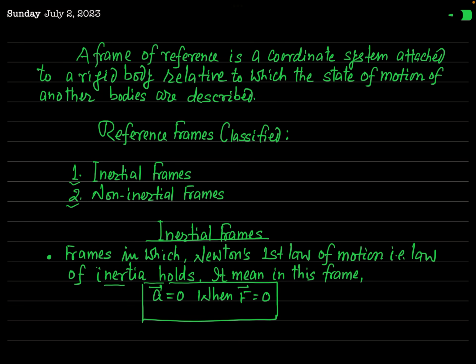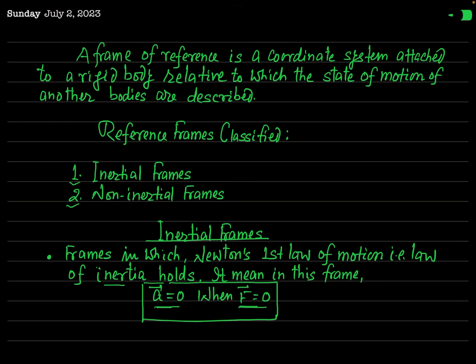You have just seen that according to Newton's first law of motion, the acceleration of a body will be zero if the net force acting on the body is zero. So if such a phenomenon takes place in a frame, then you can call that frame an inertial frame.